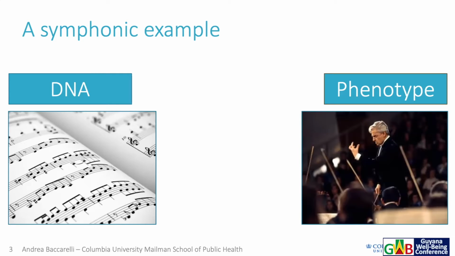And you can understand also how from the same DNA, you can have entirely different symphonies. You can change the orchestra, change the conductor, change the music hall, the environment where the symphony is taking place. And you can really have very, very different phenotypes. And this is something that in genetics is very well known.